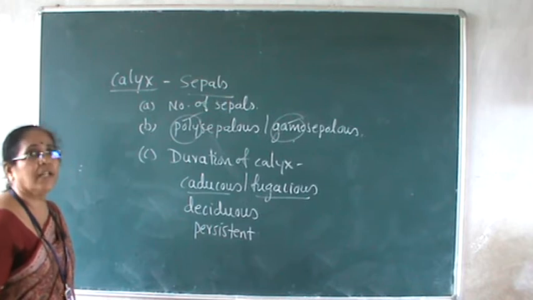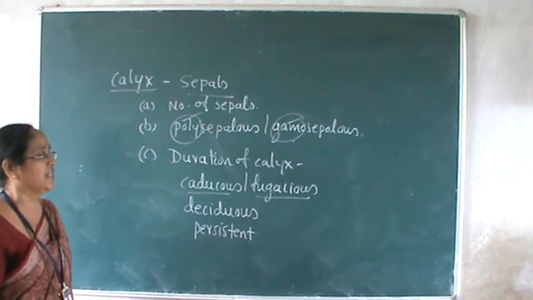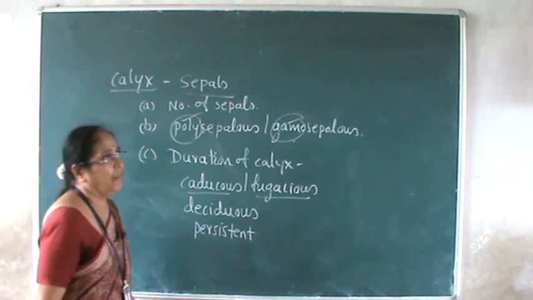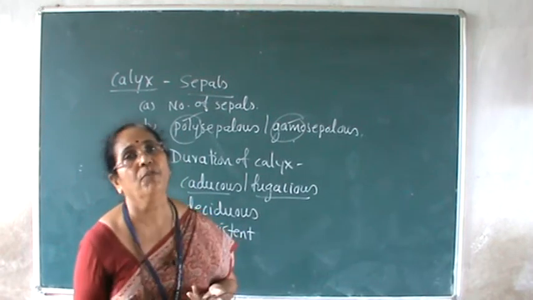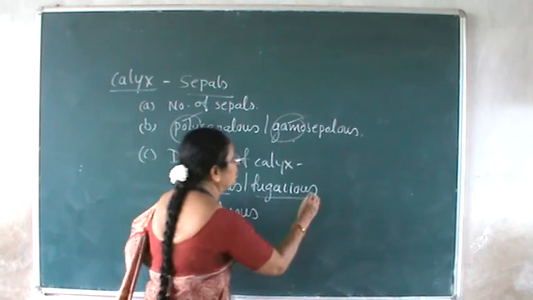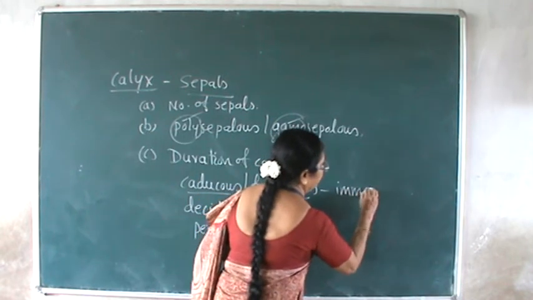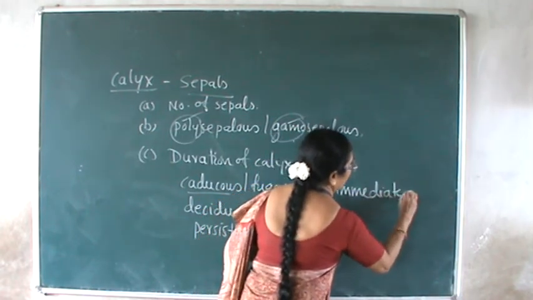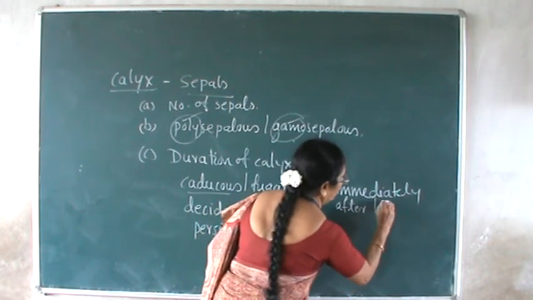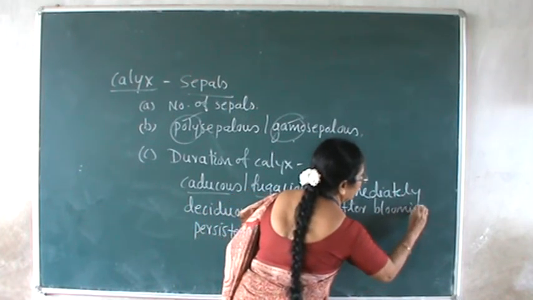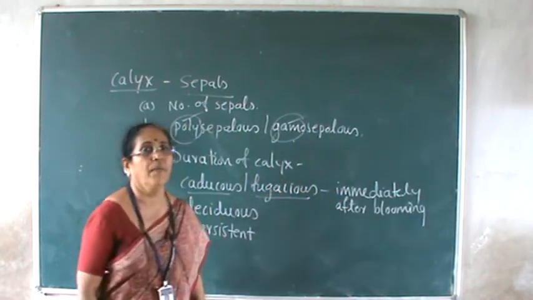If you say that the calyx is caducous or fugacious, the meaning is the calyx falls off immediately on blooming of the flower. Okay. It falls off immediately after blooming of the flower.